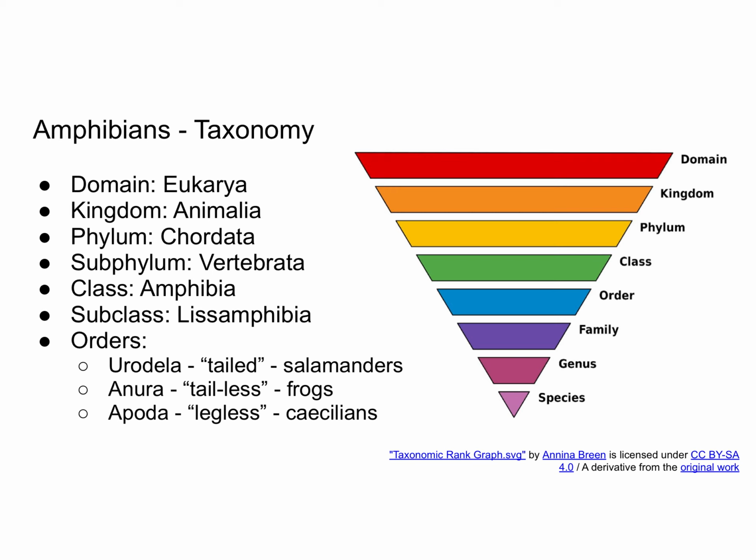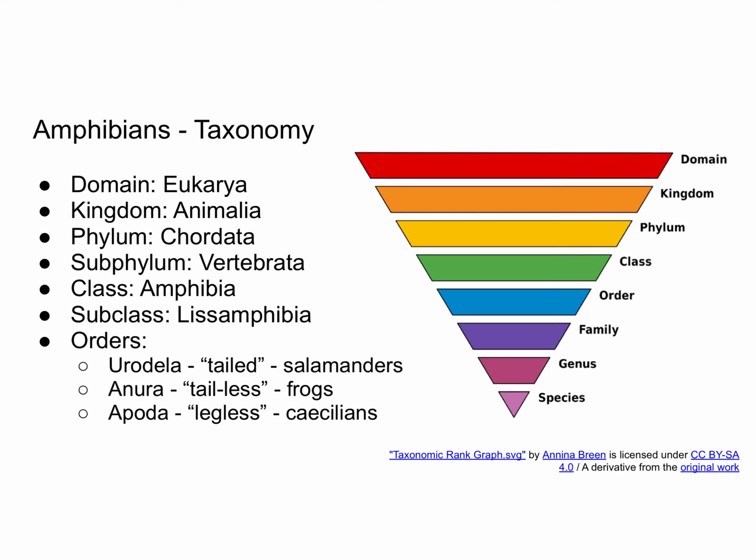So if we look at the taxonomy of amphibians, remember that we're talking about chordates. So domain Eukarya, kingdom Animalia, phylum Chordata, these are all things that have applied to the other organisms that we've already talked about in this lesson.